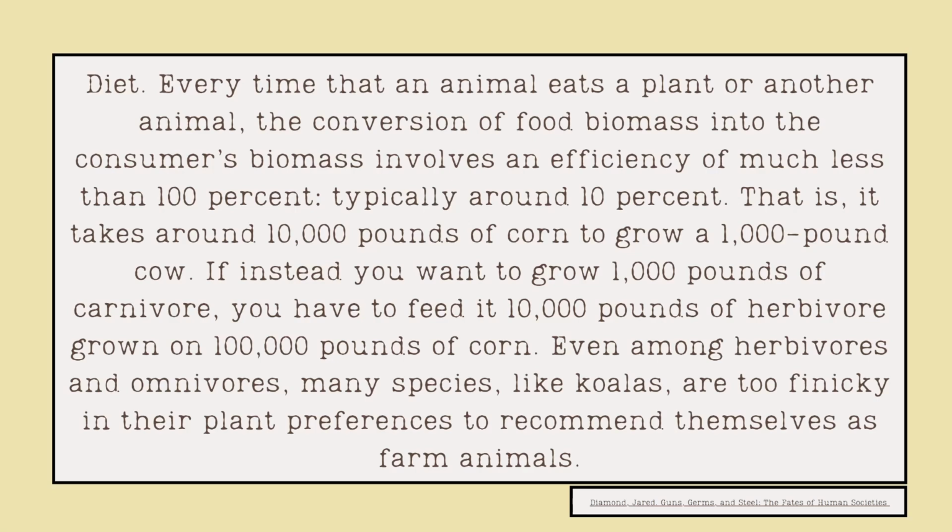Even among herbivores and omnivores, species like koalas are too finicky in their plant preference to recommend themselves as farm animals. This is the fatal flaw of having a carnivore as a domesticate. Yes, we could have a tamed carnivore, but typically these are cost-benefit analyses that people are going to be making subconsciously.